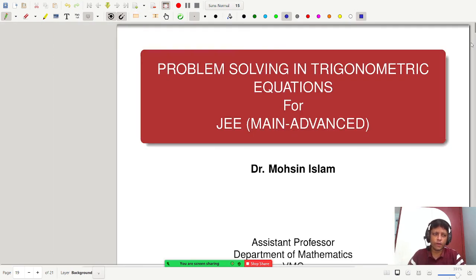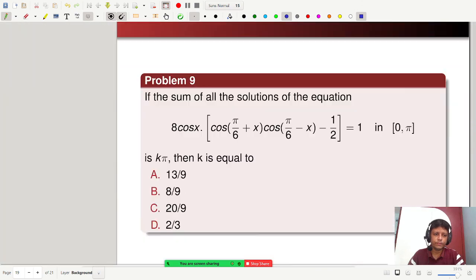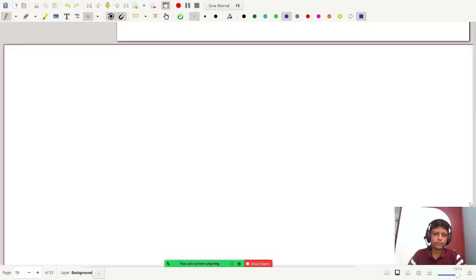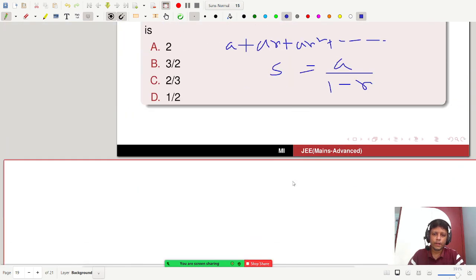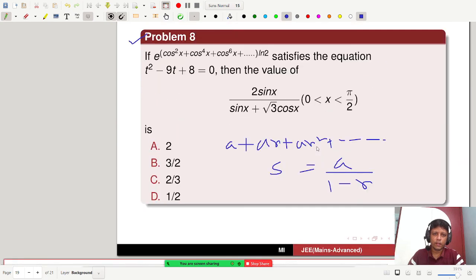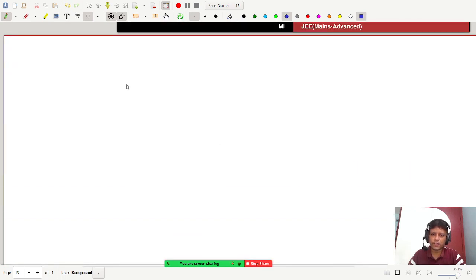Let me apply this one. So you have e to the power cos square x plus cos to the power 4x, etc., and you have ln2.